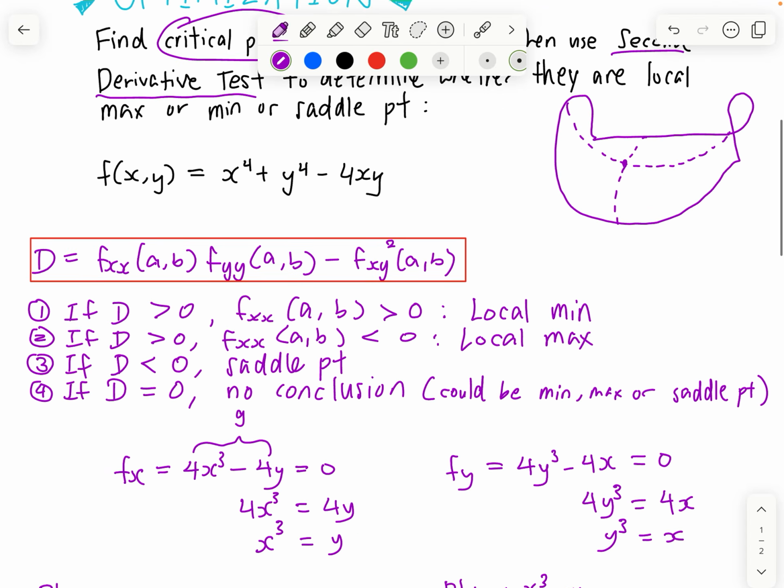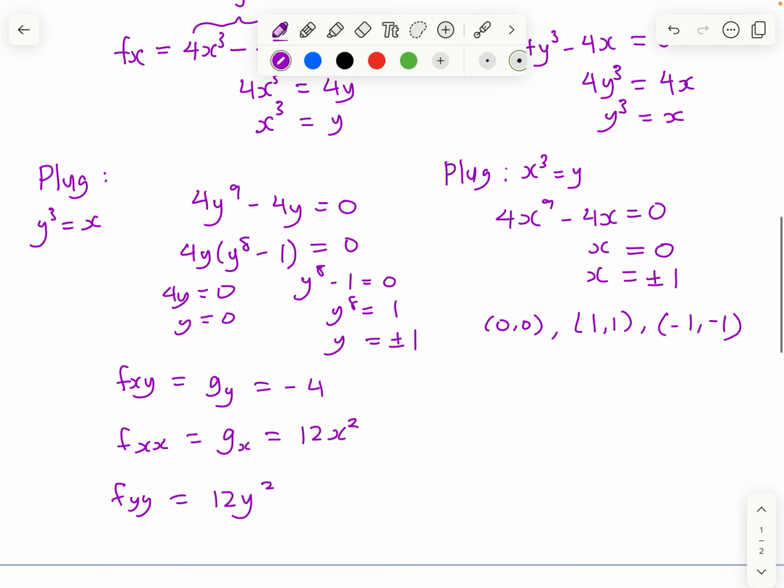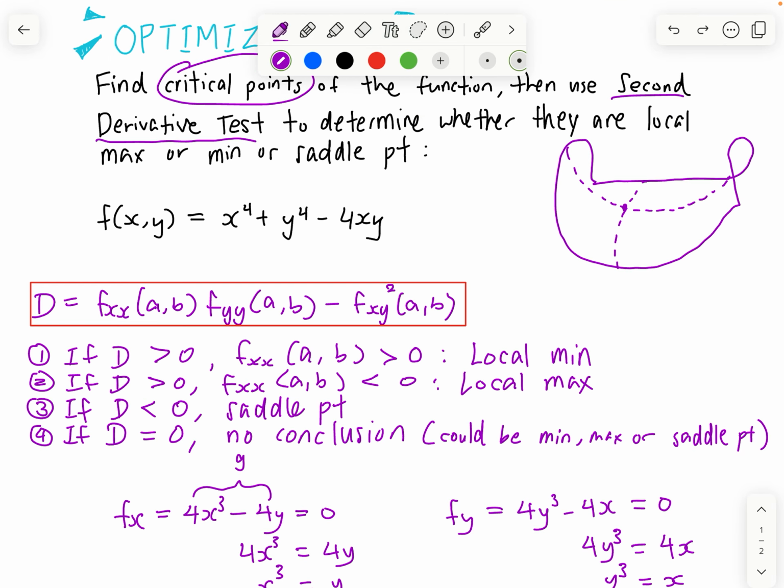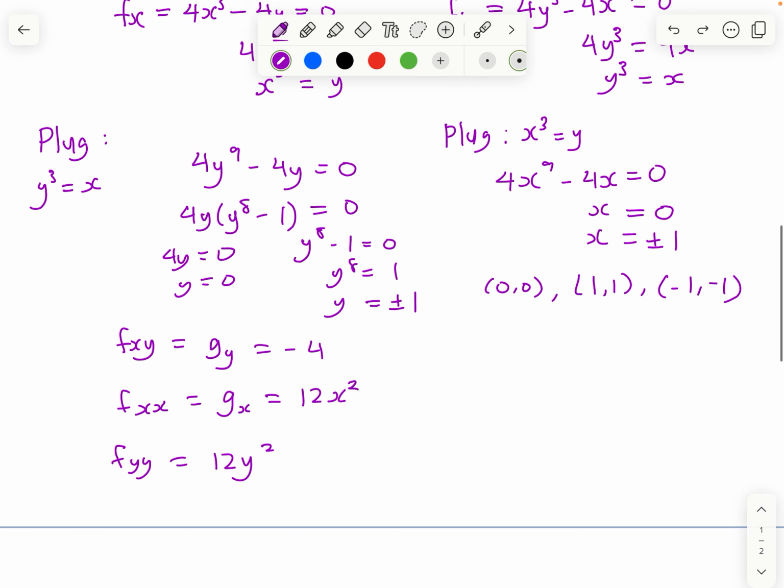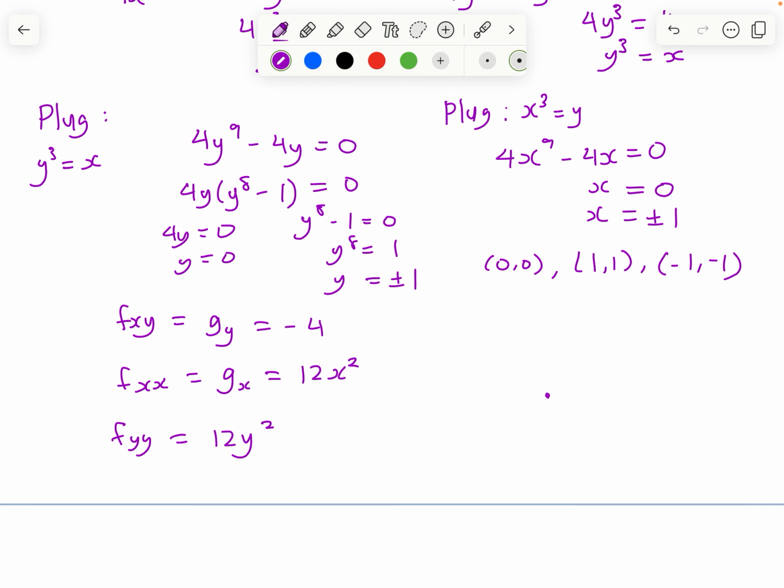Because now the second step we want to do is, now that we have the critical points, we want to figure out if these points are a local maximum or minimum or saddle point, because let's say I have (0, 0), and then I have (1, 1), and I have (-1, -1). You want to know which one is a maximum or minimum. This could be a maximum, or it could be a saddle point, or this could be a minimum.